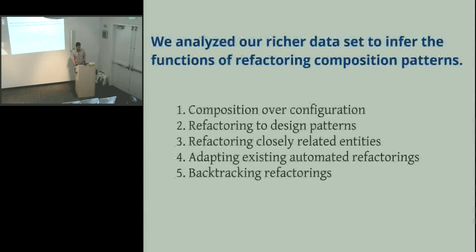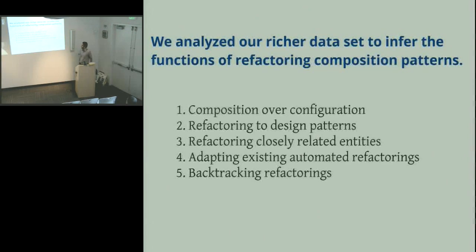Another reason that we found for composing refactorings was doing refactoring to design patterns. There is no tool in Eclipse for refactoring to template method, so programmers instead compose extract method and pull-up to simulate this refactoring. Another function is closely related entities. There are several examples for it.